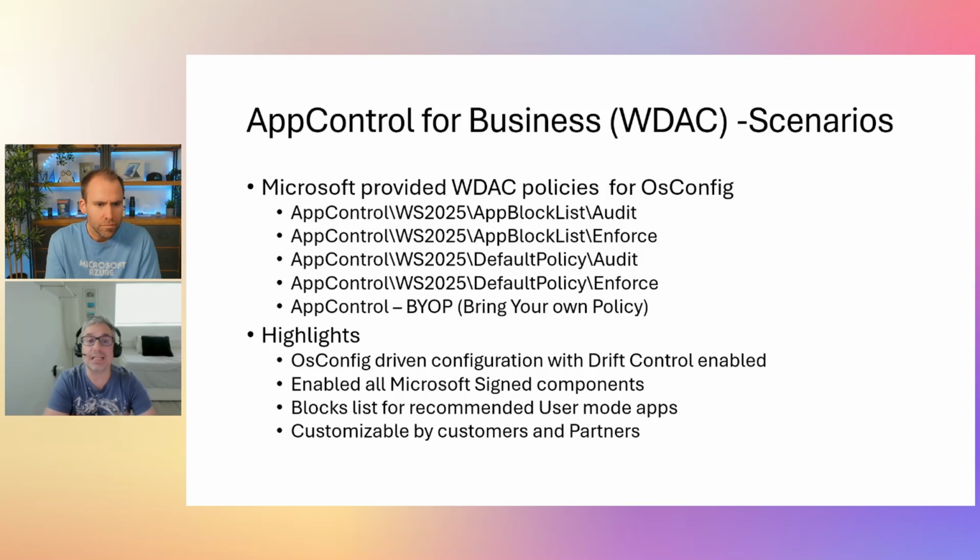So the app block list also is maintained by the feature team and includes things that we consider could or technically has a vulnerability, a known vulnerability. Let me give you another example of something very funny. A few years ago, we discovered a vulnerability in an application called BGInfo.